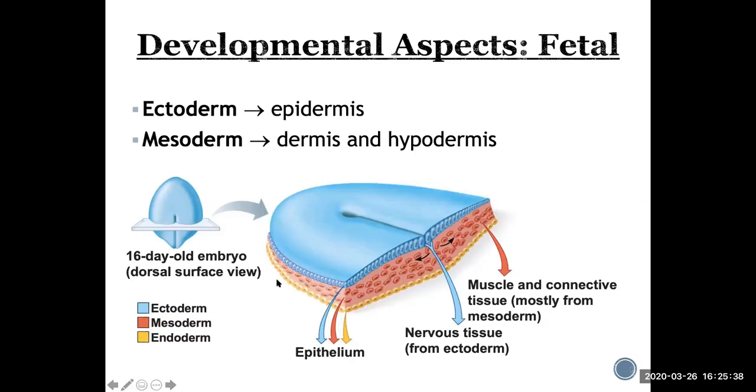Once you get past this basic differentiation and then all the other differentiations that happen from there, right? So once this differentiates into all the different types of skin, thick skin, thin skin, the things that are in your skin, all of those different types of cells, the keratinocytes, the melanocytes, and so on.